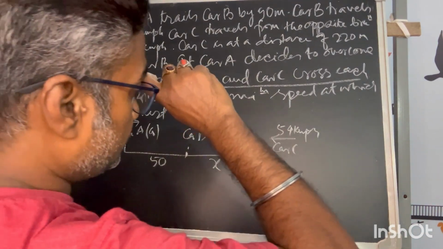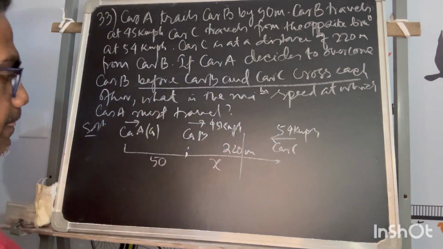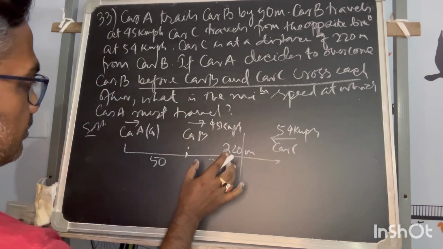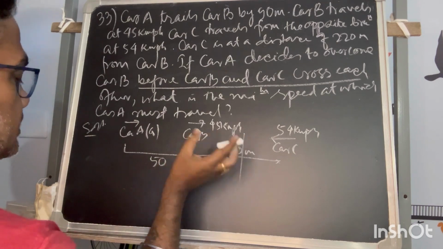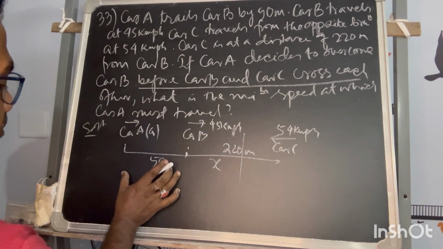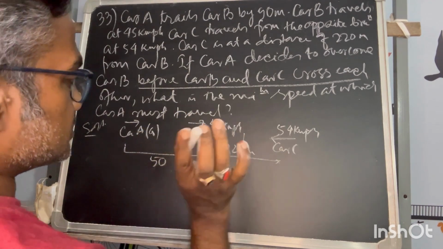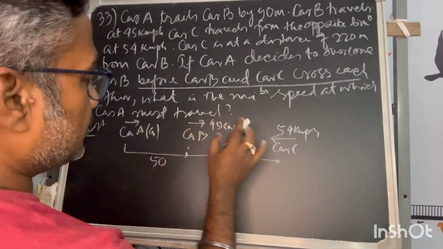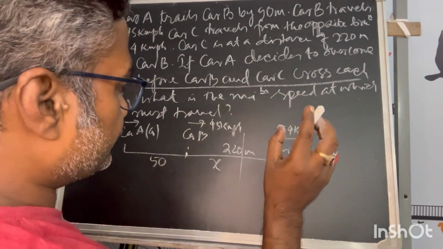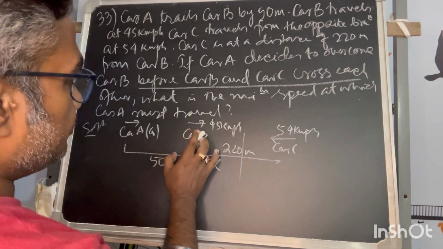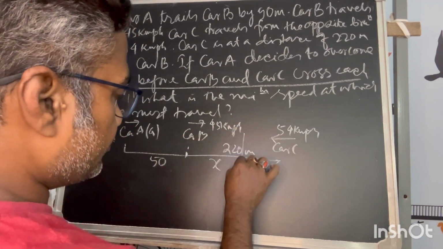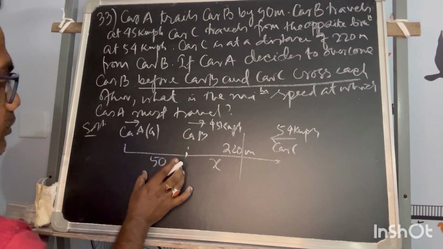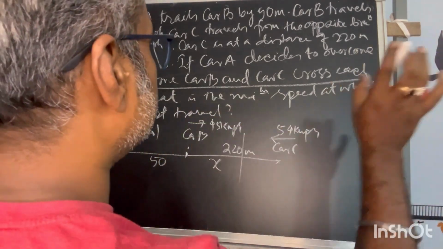By the time they meet, car A must move this plus this distance. Then only car A can overtake B. In the same time that B and C reach the meeting point, car A must move. This is the overall concept.